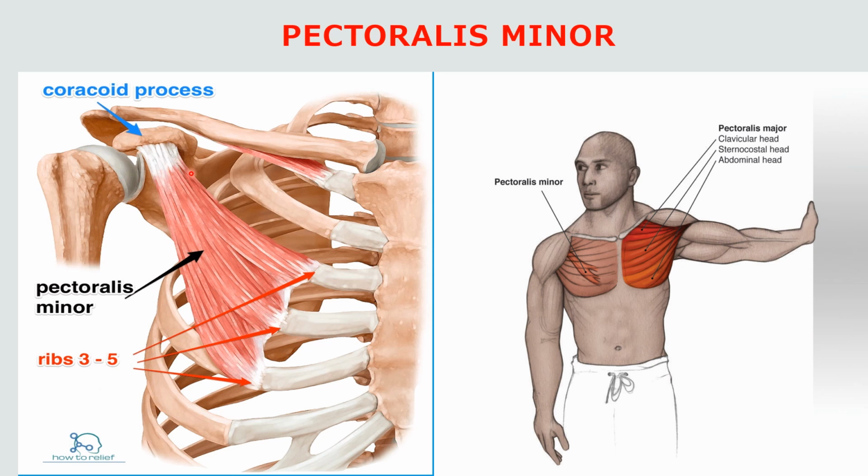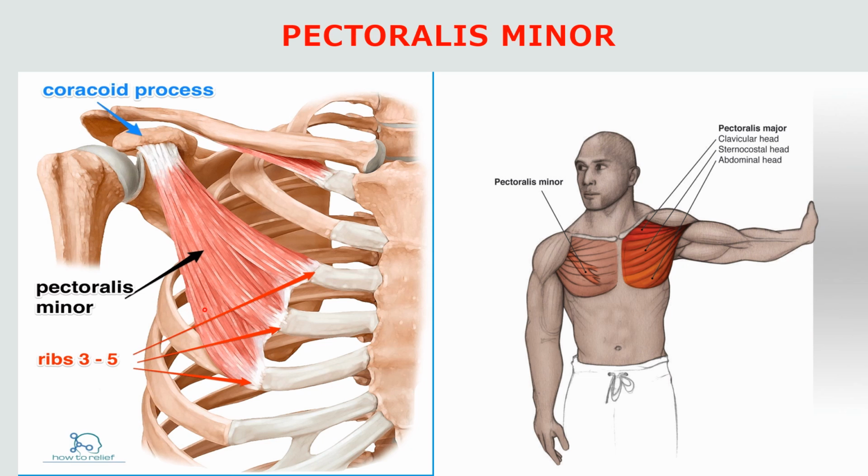The upper border of pectoralis minor gives attachment to the clavipectoral fascia, whereas the lower border of the muscle gives attachment to the suspensory ligament of the axilla. These 2 things you should remember.